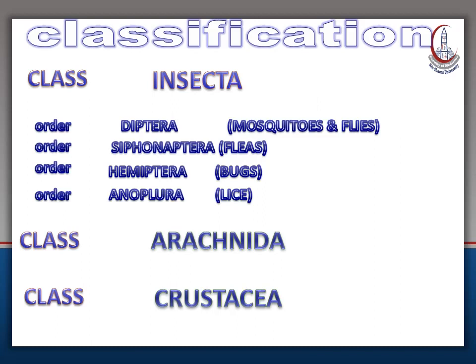Of course, there are other classes, but we're interested only in these three because these three classes include members which are of medical importance to man. Class Insecta includes four orders of interest to man: Diptera, namely mosquitoes and flies; Siphonaptera, fleas; Hemiptera, meaning bugs; Anoplura, which includes lice.